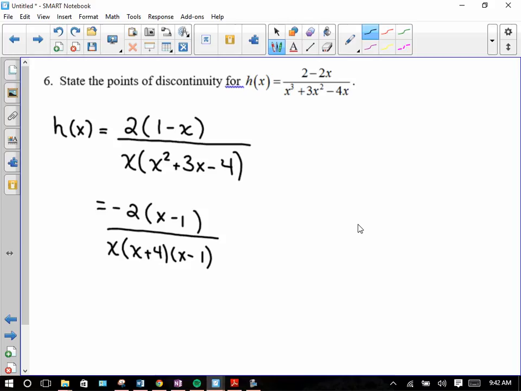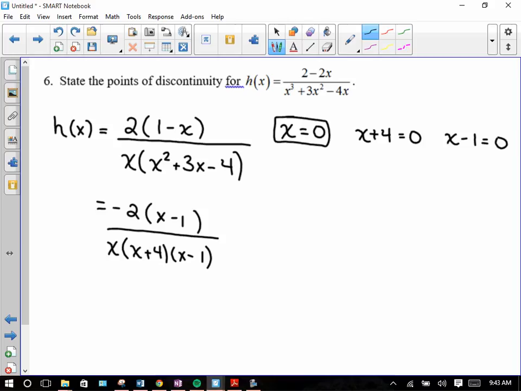So there's going to be a place where it's not continuous where x equals 0, a place where x plus 4 equals 0, and a place where x minus 1 equals 0. This one I'm already done. It's not continuous at x equals 0. There's no extra work right now.